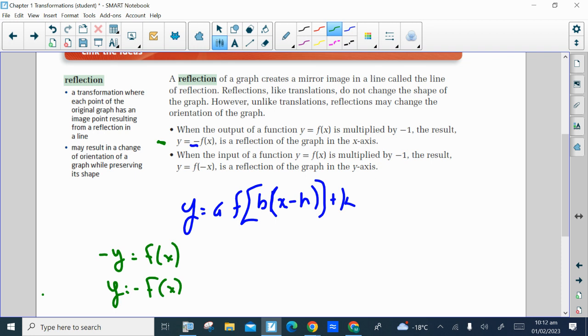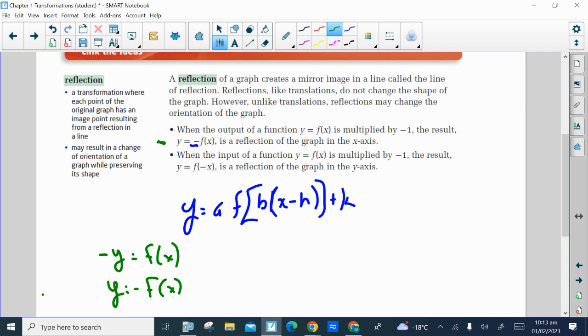So whether the y is negative or the f at x is negative, it's the same expression, the same equation, because you can move the negative by either multiplying or dividing both sides by -1. Okay? So when a is negative, we now know you get a reflection over or across the x-axis.